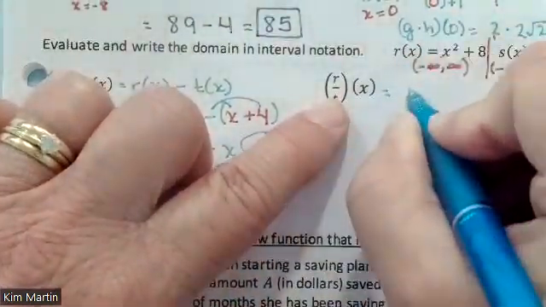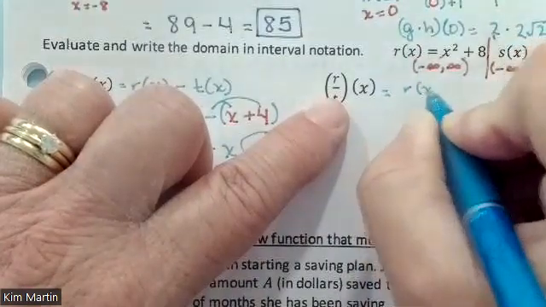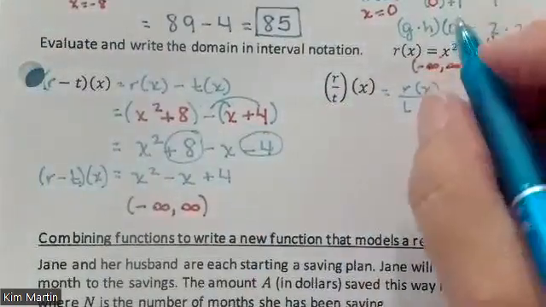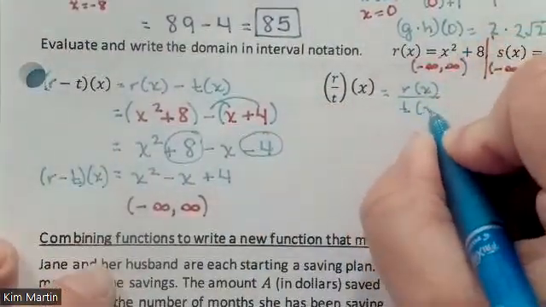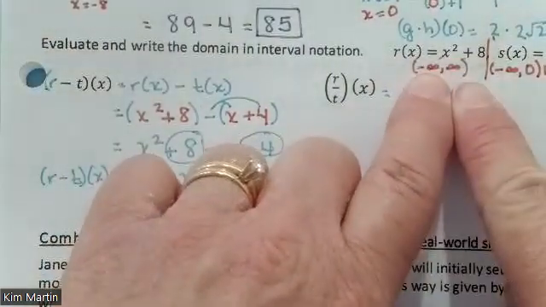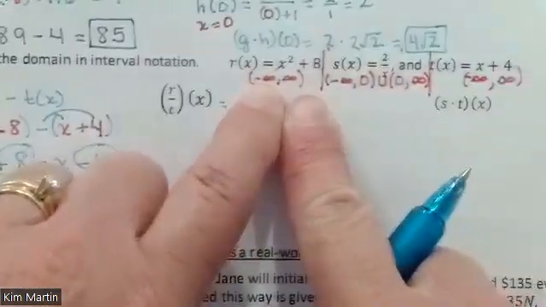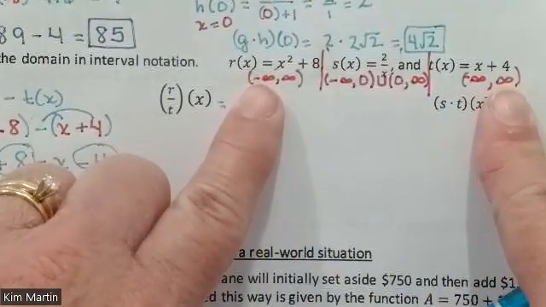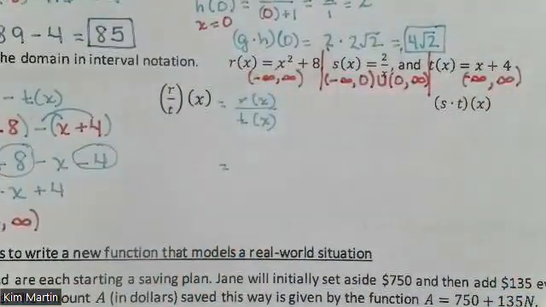Okay, so let's look at this. This is division. We're going to take our r of x and divide it by our t of x. Well, my r of x, the domain is negative infinity to infinity. My t of x is negative infinity to infinity. So now we don't have any restrictions, but now let's look at it.